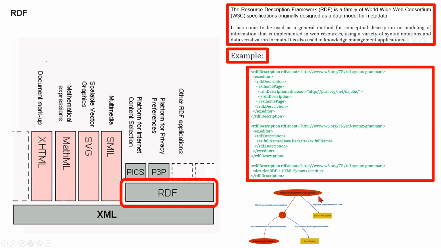Then predicate arc labeled with IRI http://example.org/terms/editor, then a node with no IRI, and predicate arc labeled with IRI http://example.org/terms/homepage, and node with IRI http://purl.org/net/dajobe.